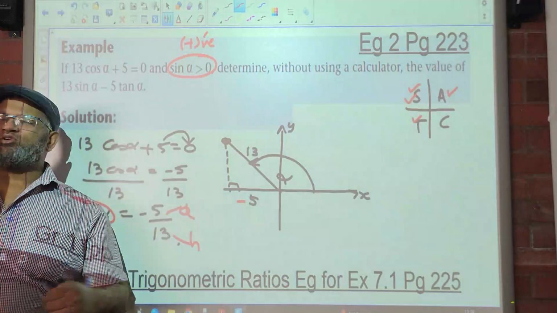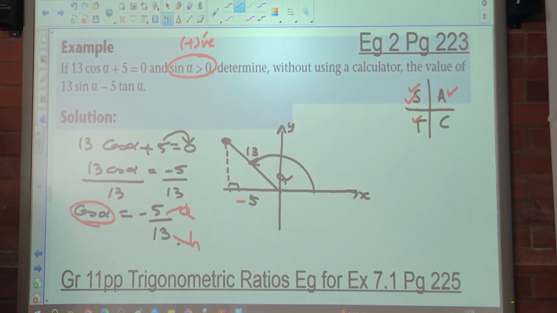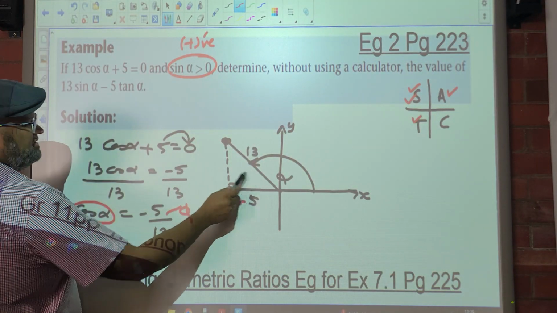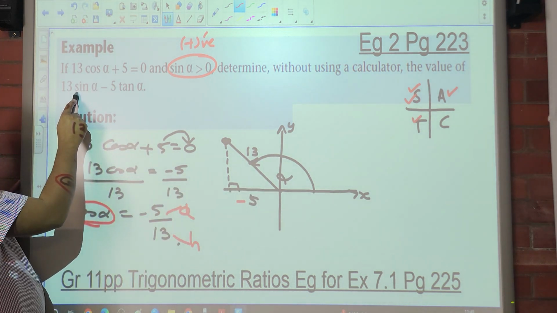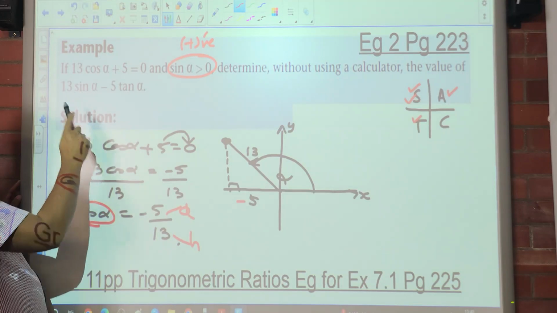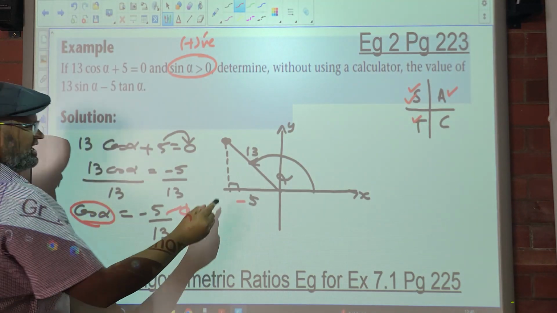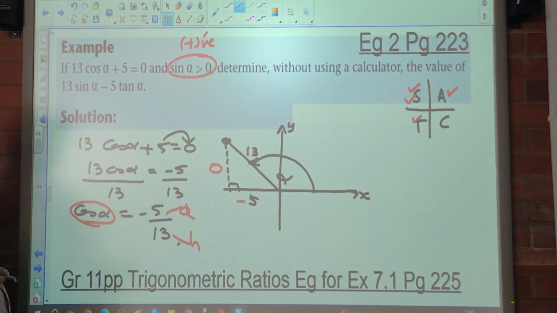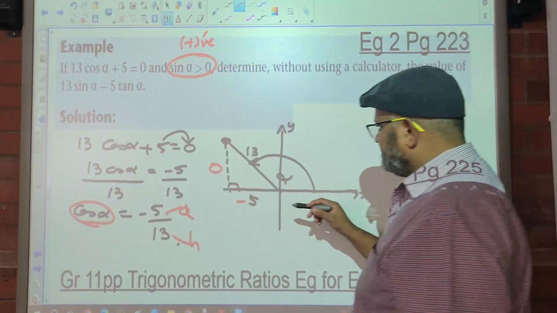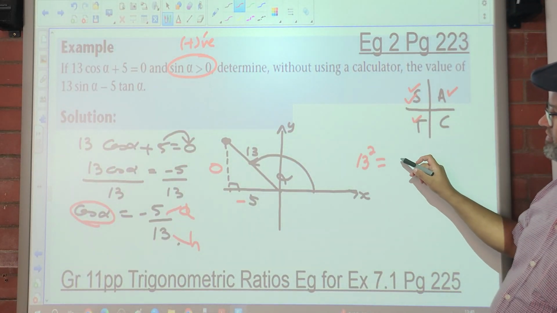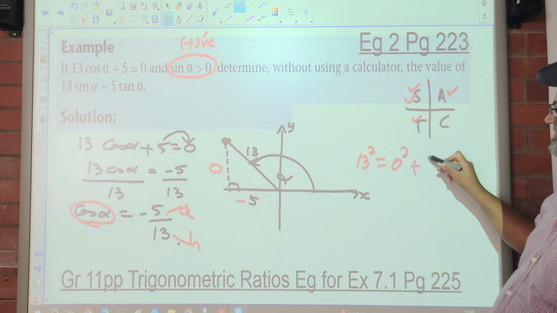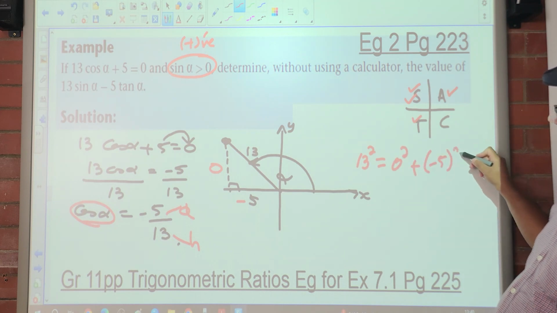So what still needs to be solved in this triangle? I need to work out the opposite. Why? Because our sine is opposite over hypotenuse. Can you see that, people? Yes, this is O, for opposite. Okay. So how do you calculate the opposite? Pythagoras, yes. So 13 squared is equal to O squared plus negative 5 squared.